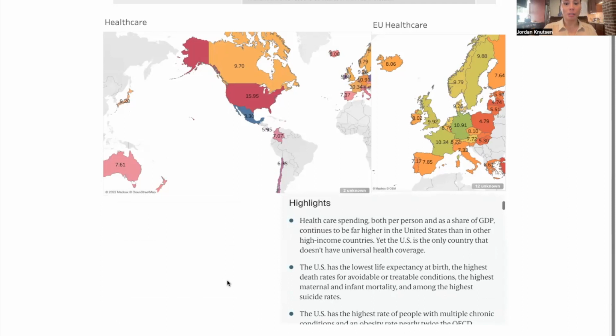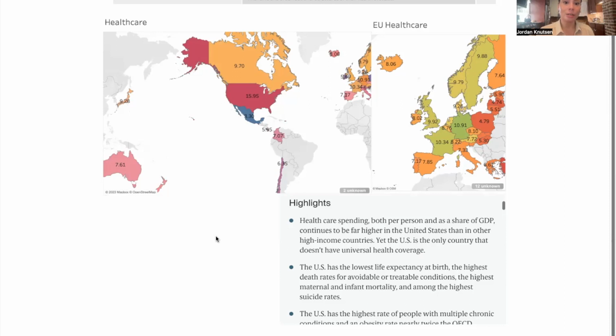Some important highlights are healthcare spending, both per person and as a share of GDP, continues to be far higher in the United States than in other high-income countries, yet the US is the only country that doesn't have universal healthcare coverage. Looking at the map, we see government and compulsory schemes as the financing option for healthcare spending. The values are in terms of percentage of GDP from the year 2020.